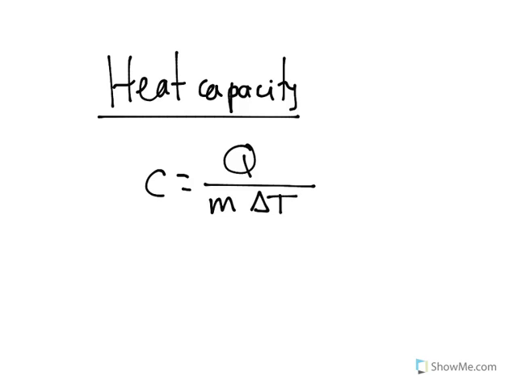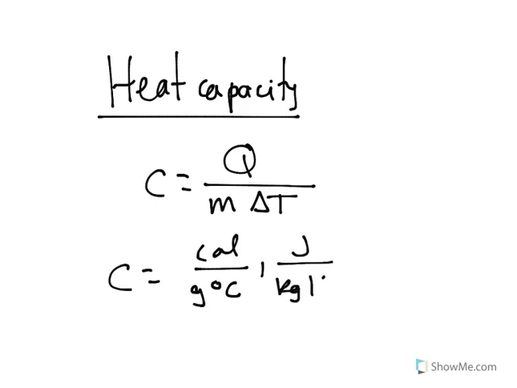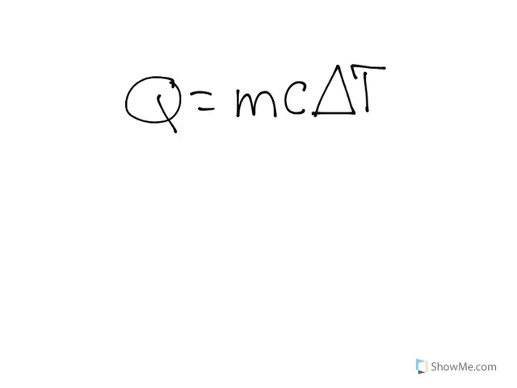So this is, for instance, measured in calories per gram Celsius, or it could be joules per kilogram Kelvin, or it could be BTU per pound Fahrenheit or Rankine. If we know the heat capacity, then the heat is going to be equal to mass times specific heat times the change in temperature.